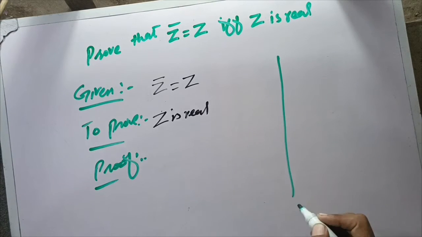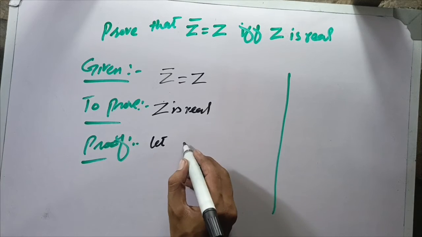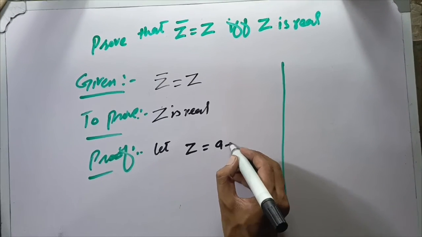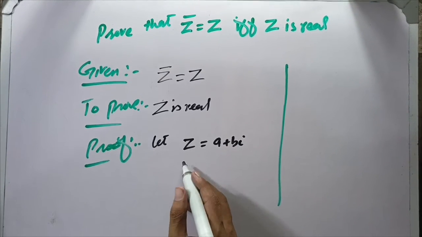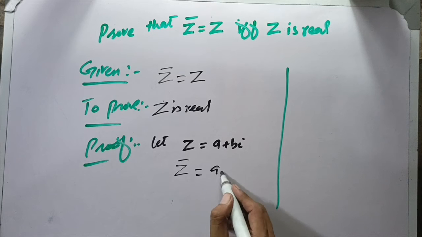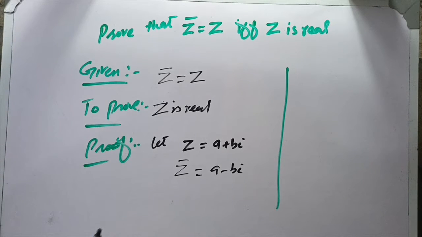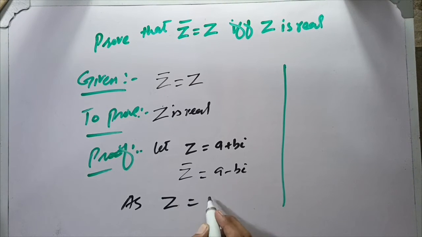To prove it, let me consider z is equal to a plus b iota, and z conjugate is equal to a minus b iota, and it is given that z conjugate is equal to z.